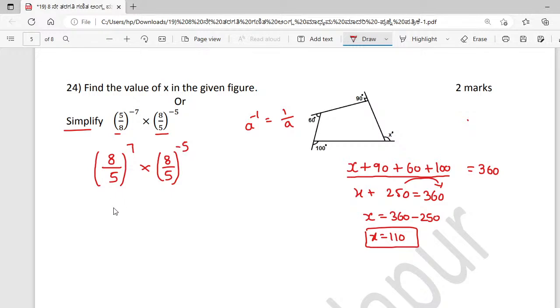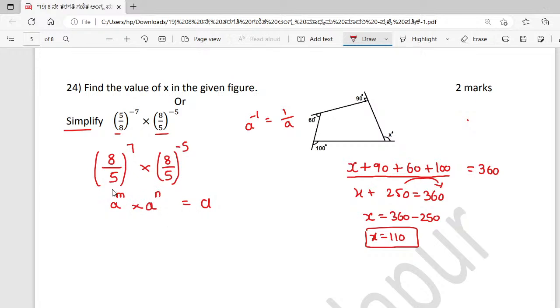Which formula can we apply? I just gave the formula wrongly. Here the bases are similar. So once again, the formula is a to the power of m into a to the power of n.